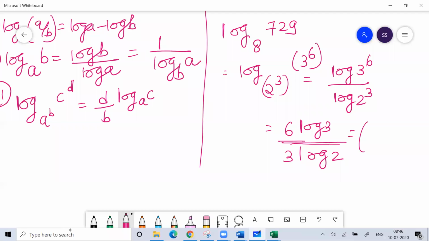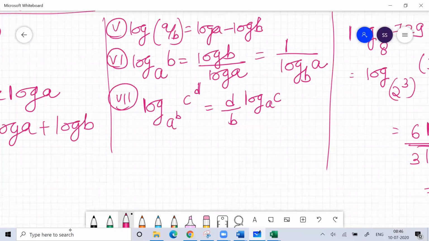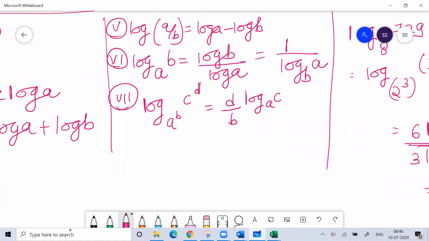I know this is 2, but leave it like this. So this is 6 by 3 times log 3 by log 2. So then I can write 6 by 3, log base 2 of 3. I hope you understood this. So this is a basic property, and we can remember this property.